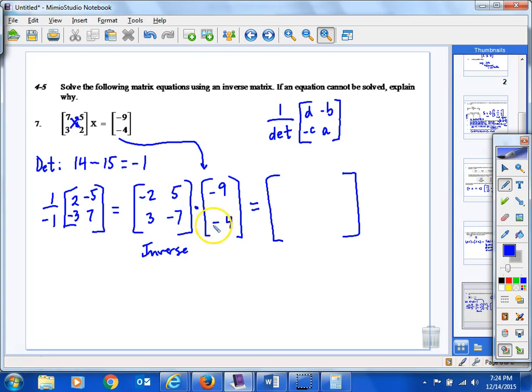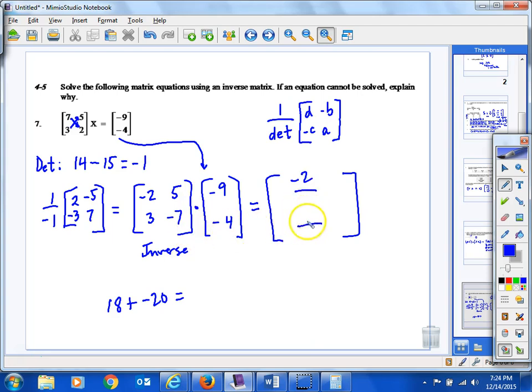Okay, so matrix multiplication. We have a 2 by 2 times a 2 by 1, so our answer should be a 2 by 1. All right, so this top number is going to be -2 times -9, plus 5 times -4, so that's -2.